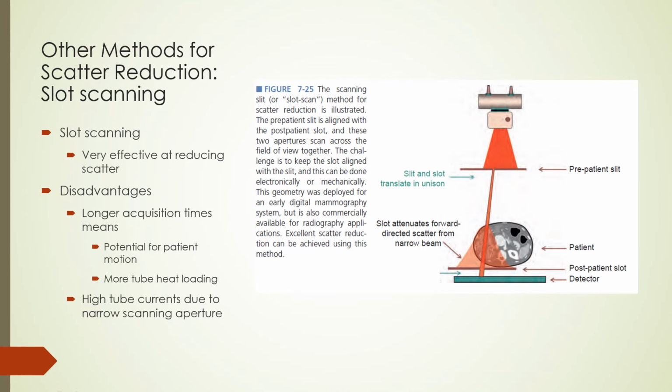In addition to excellent scatter reduction, slot scan radiography also does not require a grid and therefore has the potential to be more dose efficient. Disadvantages to this method include longer acquisition times, increasing the chance for patient motion. Also, because higher tube currents are needed when using a narrow scanning aperture, there is more tube heat loading.